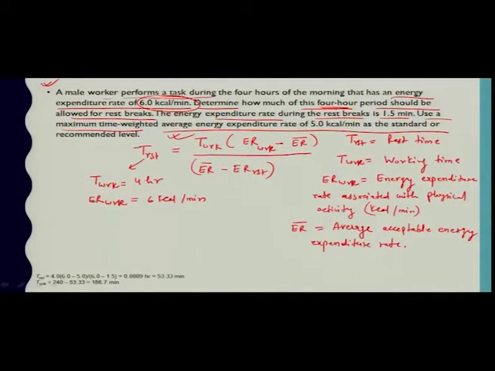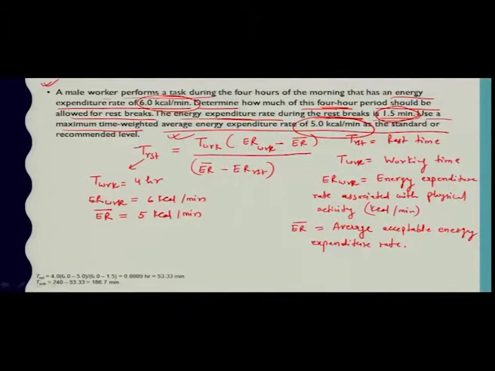And as far as the average acceptable energy expenditure rate is concerned, it is given as 5 kilocalorie per minute, so we will use ER bar equals 5 kilocalorie per minute, and the energy expenditure rate during the rest breaks is 1.5.